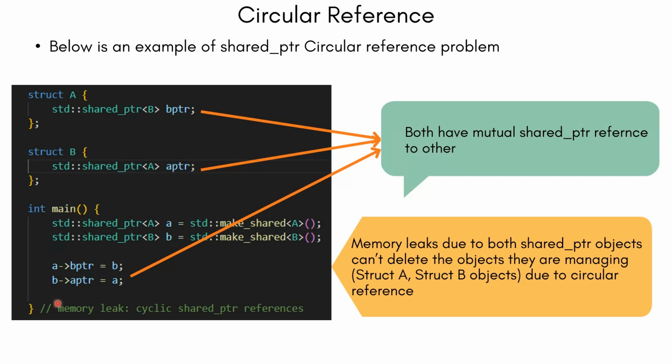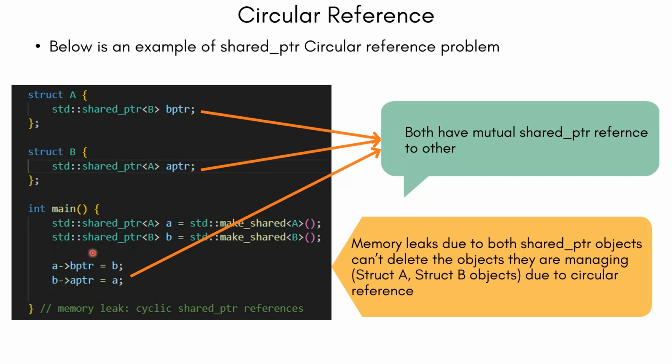Once your main program exits, or if it is not main but some other function, what happens? The shared pointer destructor should delete these structure objects as the shared pointer goes out of scope.